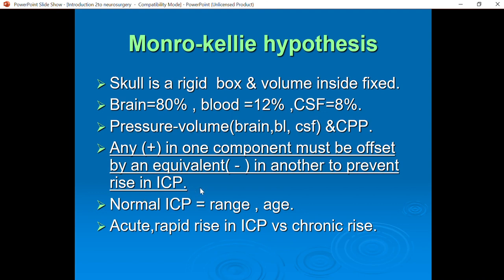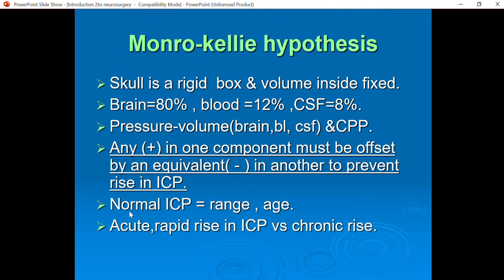The normal ICP: there is no single normal ICP, it's a range. In adults, it's between 5 and 18 millimeters of mercury, and depends on the age. In children, it's very low, 0 to 5, and that's because the anterior fontanelle and sutures are open. Just try to differentiate between an acute and rapid rise in the ICP versus a chronic rise in the ICP.